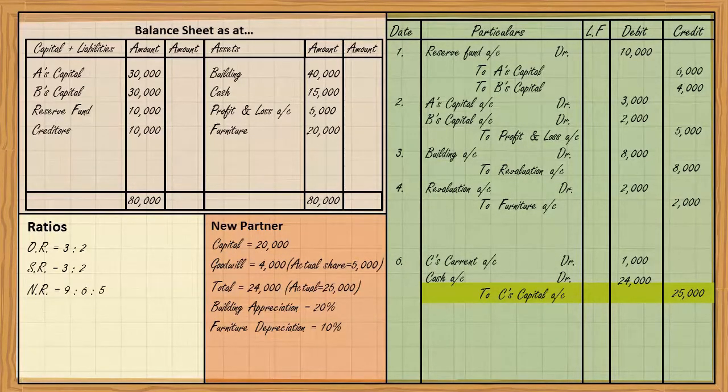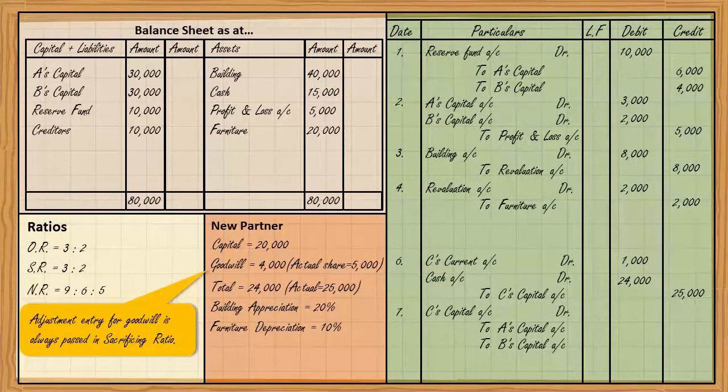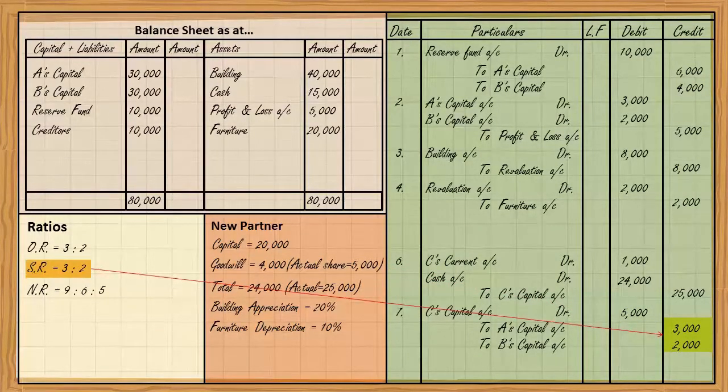And then we'll pass the journal entry for adjustment of goodwill, that is C's capital account debit to A's capital, to B's capital. You know, this adjustment entry for goodwill is always passed in the sacrificing ratio. So the amounts will be 5,000, 3,000, 2,000.